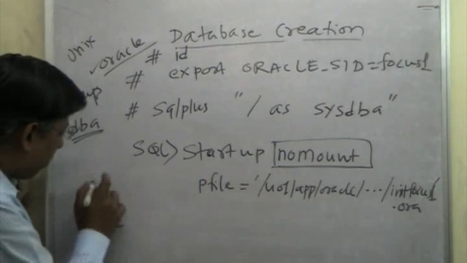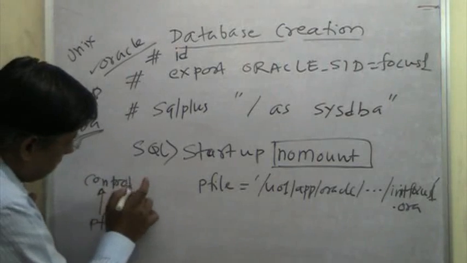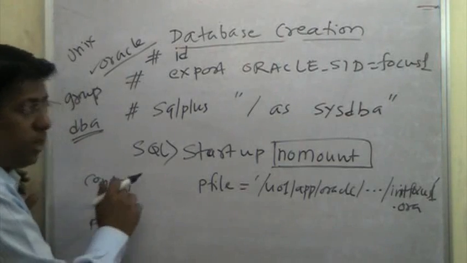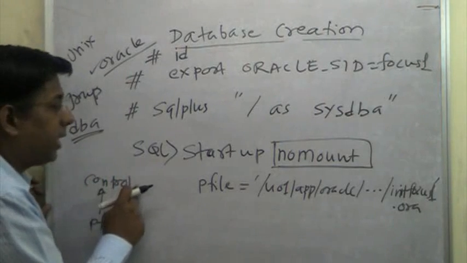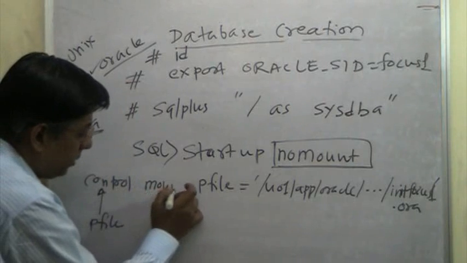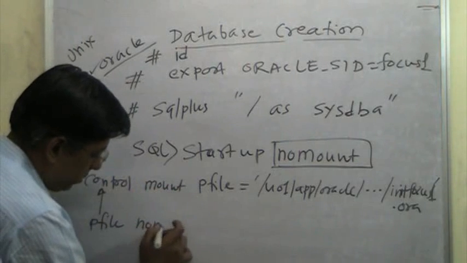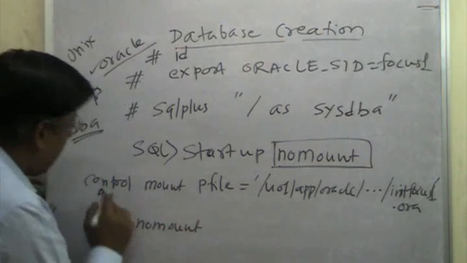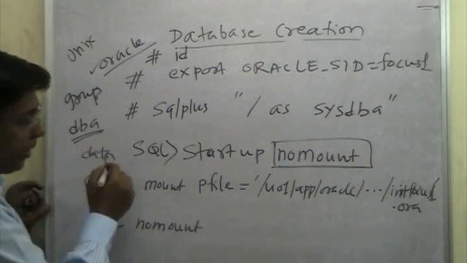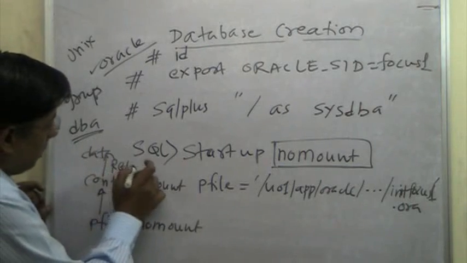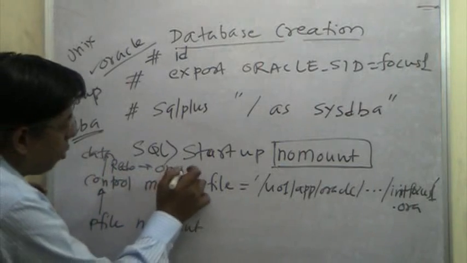If you have the control files, then the information in the control file is read, and then that state is called a mount state. So this is nomount. And then if you have the data files plus the redo files, then the instance is said to be in the open state.